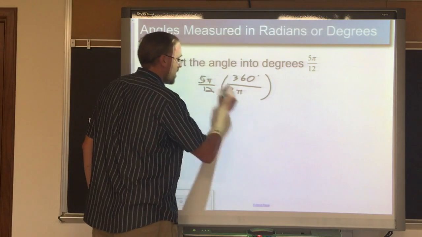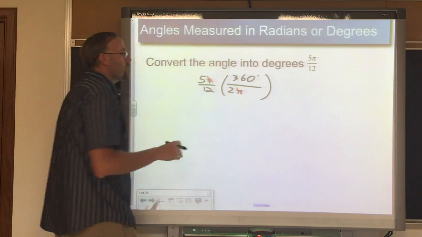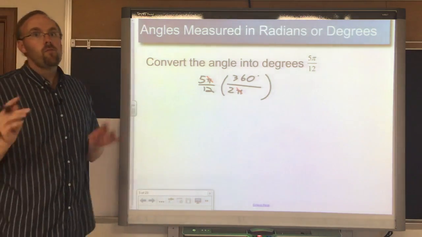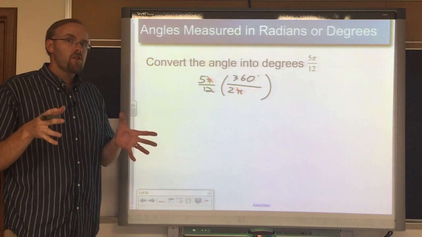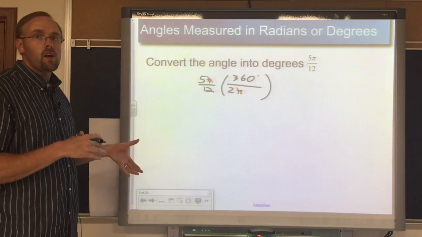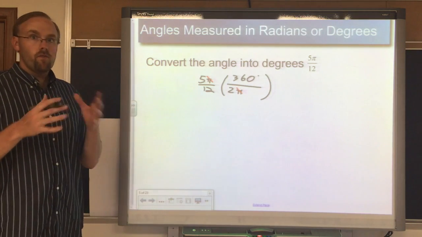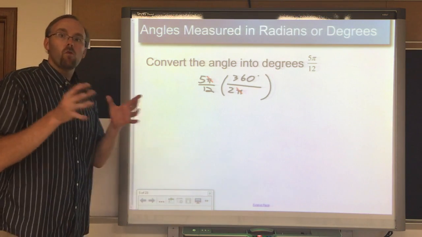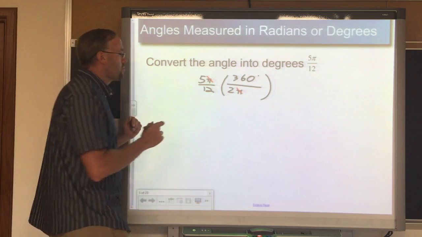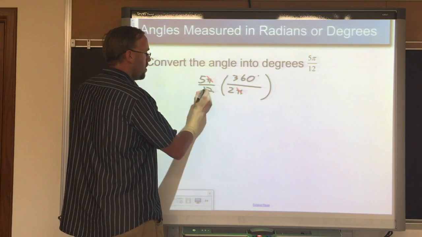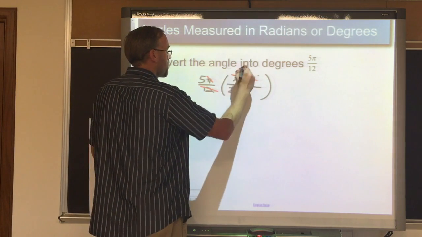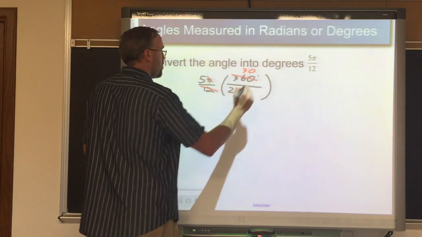Well, the pi's can cancel, and usually you will have a pi in your answer, but not always. A lot of people make the assumption that there has to be a pi to make it a radian. No. If there's no degree symbol, it's in radians, whether there's a pi or not. So the pi's cancel.